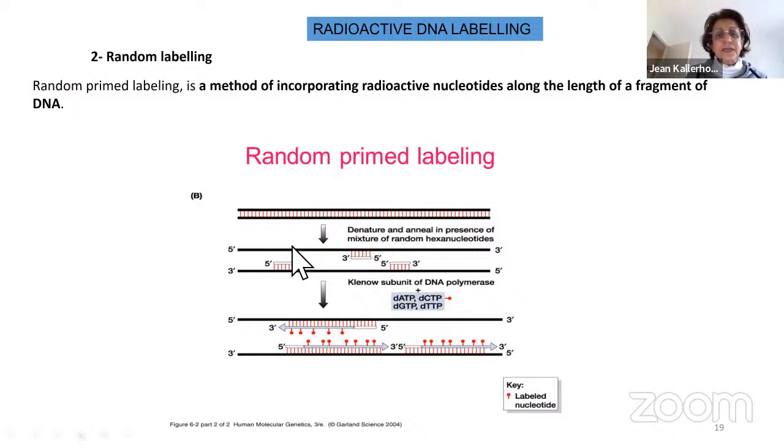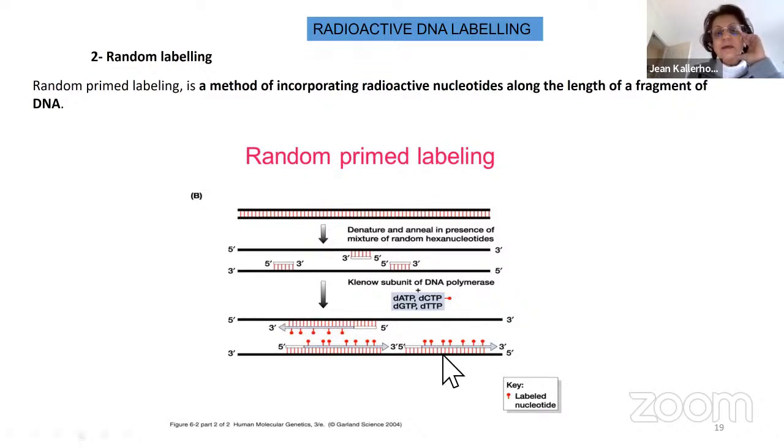And on the second strand, you will extend the primers using DNA polymerase so that you will have lots and lots of phosphate labeled nucleotides.